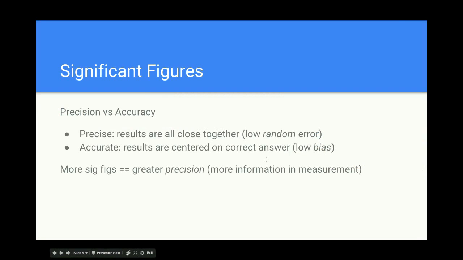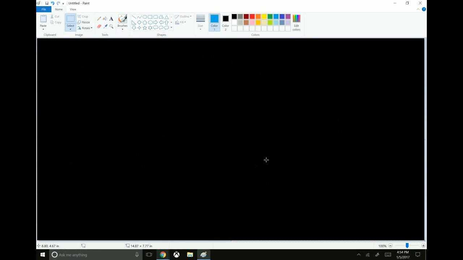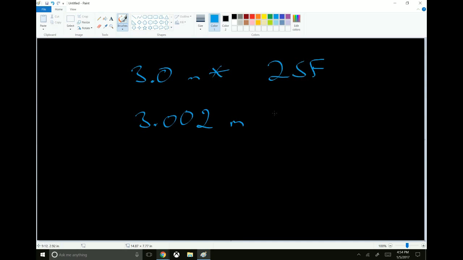Okay, significant figures, they tell you how much information is contained inside any measurement you have made. So we go back here, give you some examples. So 3.0 meters versus 3.002 meters. Okay. This one up here has only 2 significant figures. This one down here has 4 significant figures.